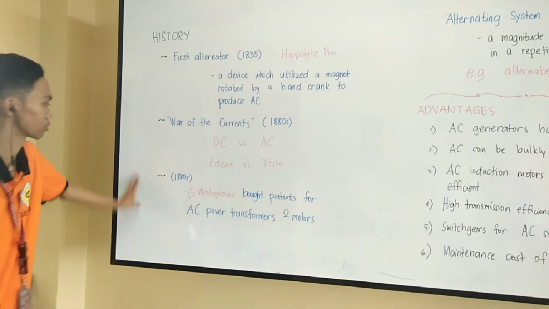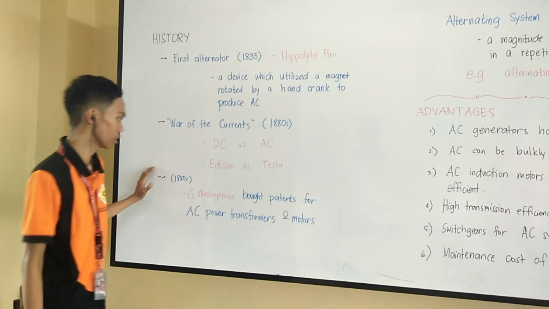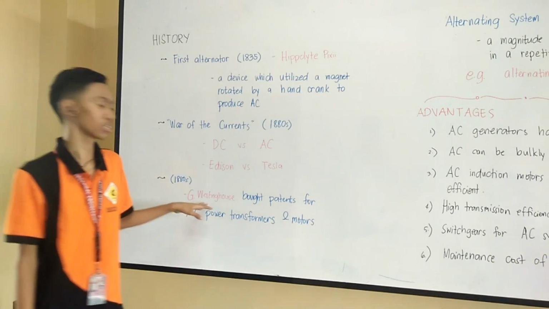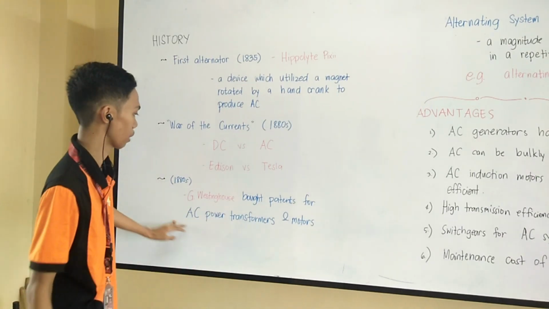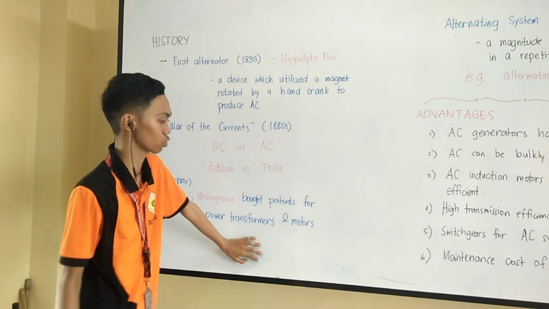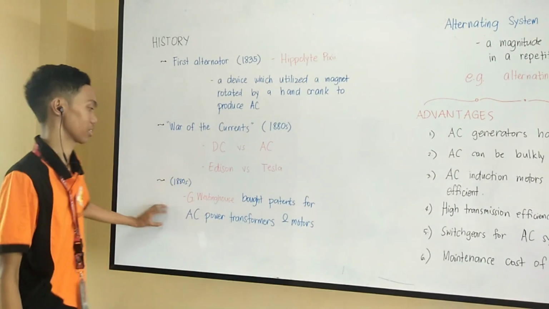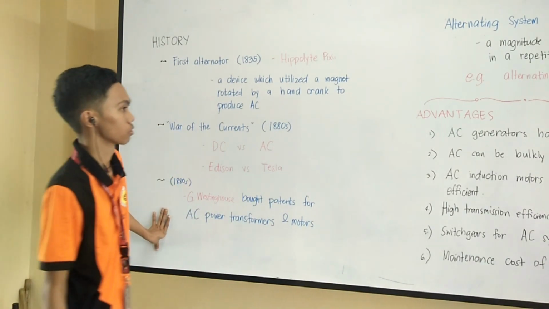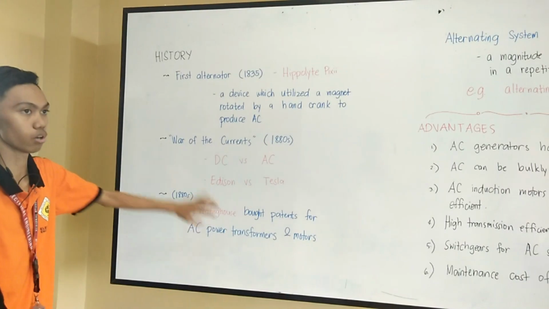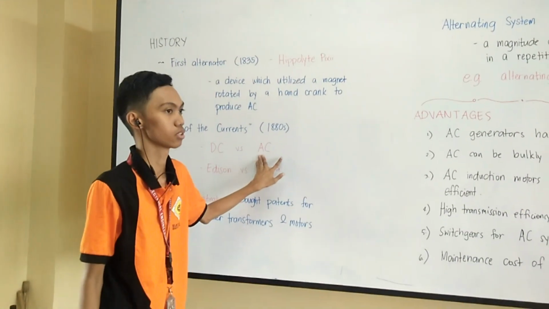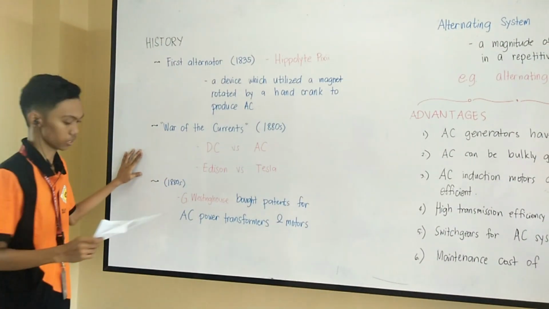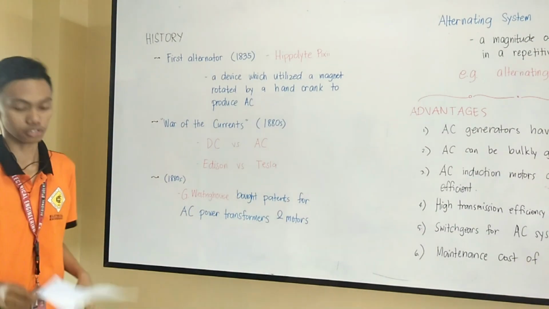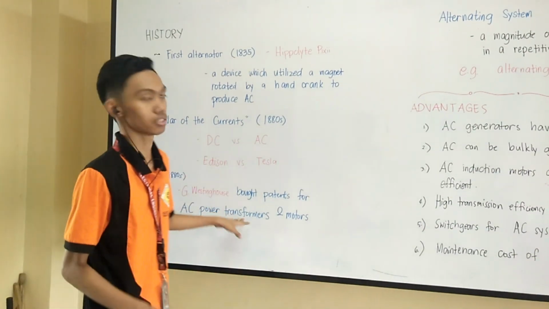Now, in the 1880s, George Westinghouse bought patents for AC power transformers and motors from inventors such as Nikola Tesla. So in this war, the AC system won out the battle, because it was the most viable power distribution, and it is the way we transmit power today.